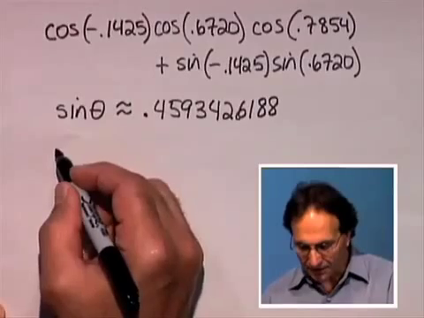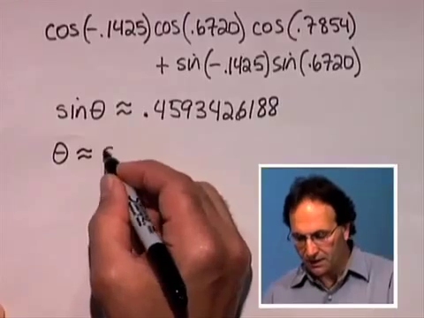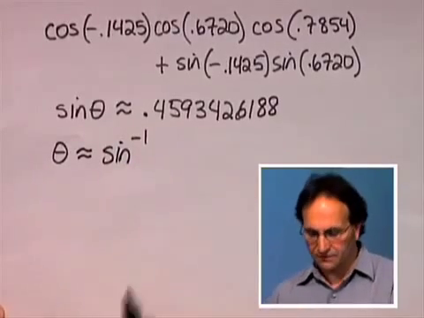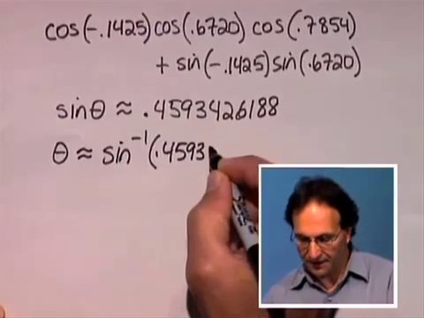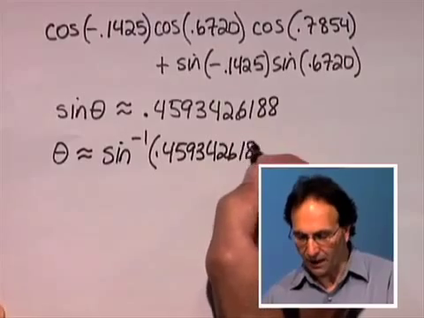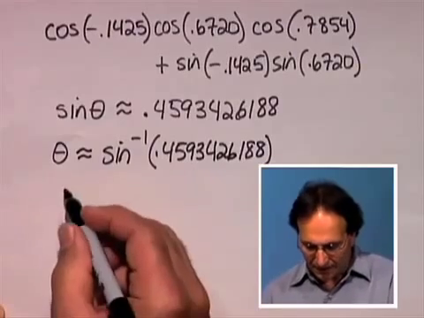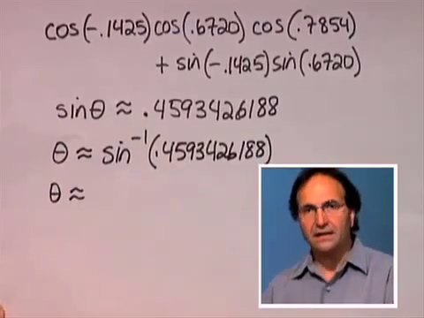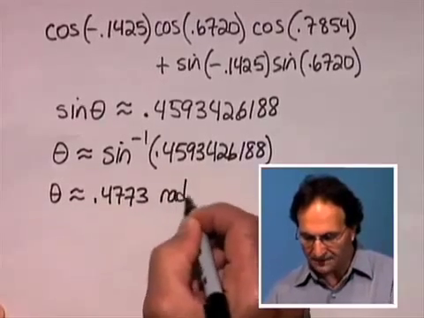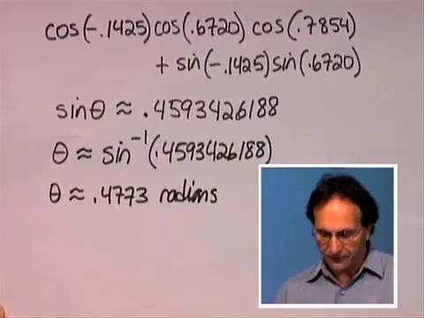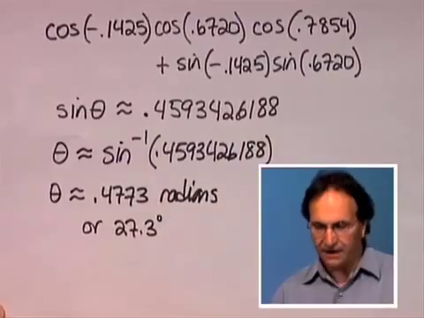So on the calculator for theta, we're going to say that theta is equal to sine inverse of this number, 0.4593426188. Substituting that into the calculator, we have theta is approximately equal to 0.4773 radians, or if you changed it to degrees, 27.3 degrees.